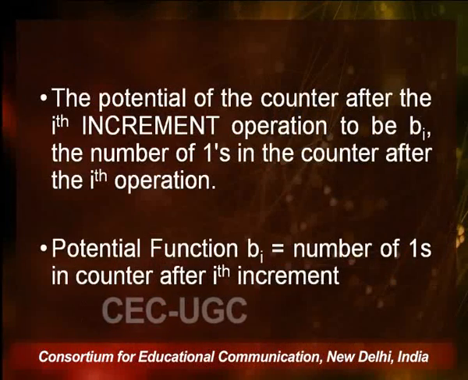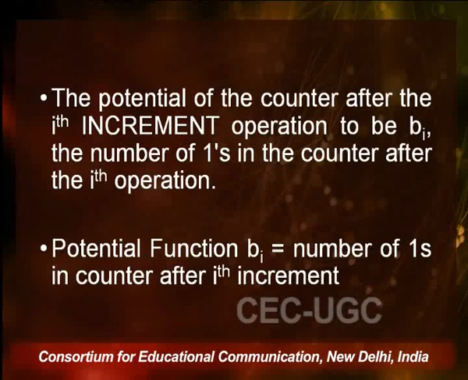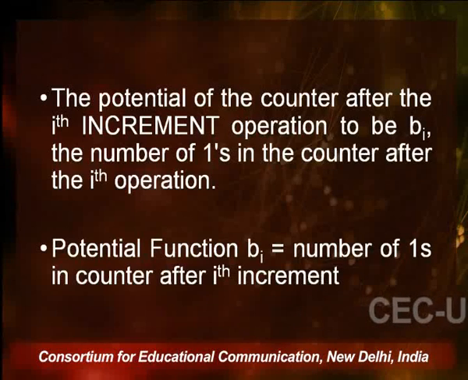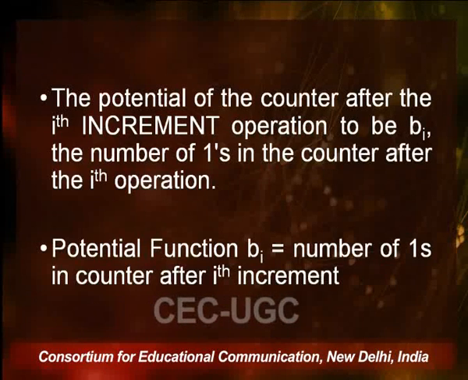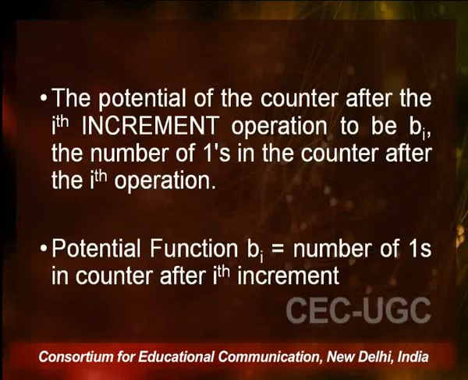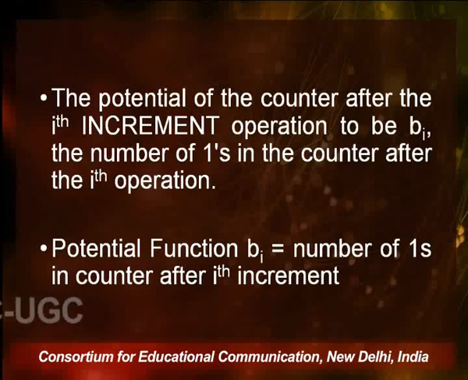And then we need to determine the potential of the counter after the ith increment, or we can say after every increment we need to determine the potential of that counter. Now, let us fix the terminology for the further analysis.